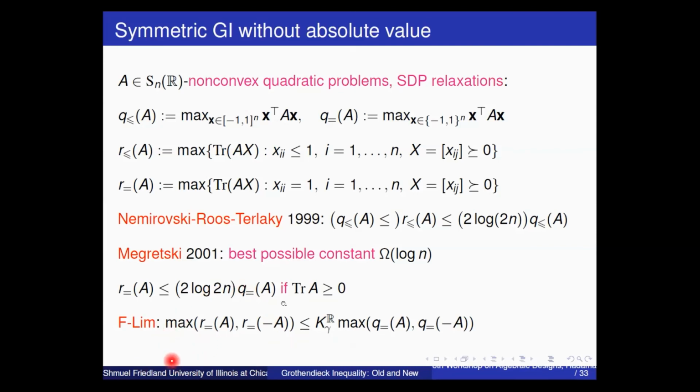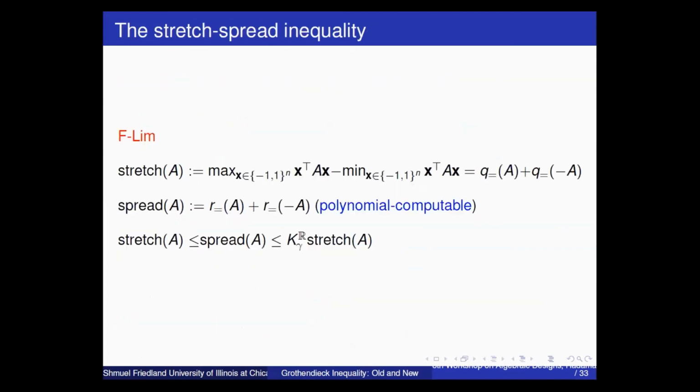Now, what we showed from our result is that if you take the maximum of R(A) and R(-A), this is less than or equal to this quantity, which we don't know, which of them is probably NP-hard. This is less than or equal to K_G times R maximum. To be more precise, let's define these two quantities.